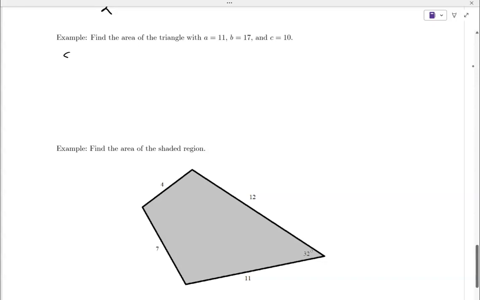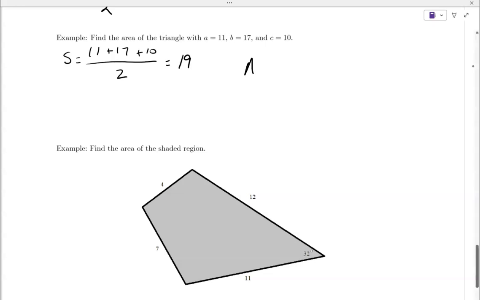So your semi-perimeter will be, I would calculate that first, figure out what that S value is. You would just take the three sides, add them together, divide by 2. So what do we get? 19? I did my arithmetic right. 11 plus 17 is 28, so plus 10 is 38, divided by 2 gives me 19.